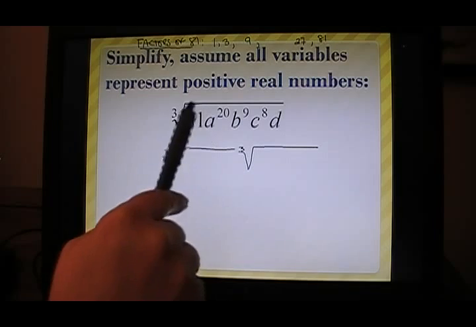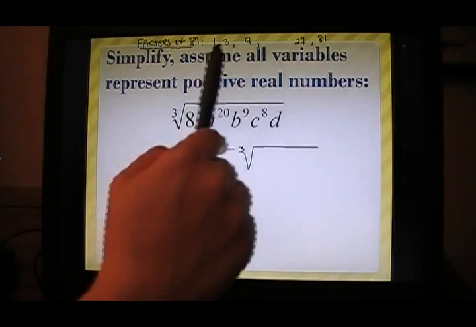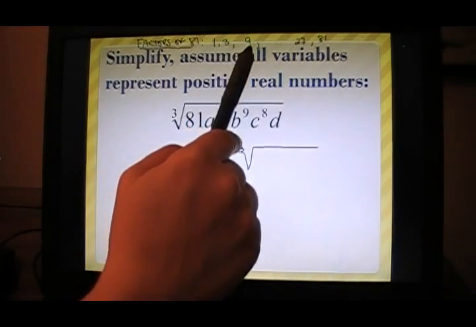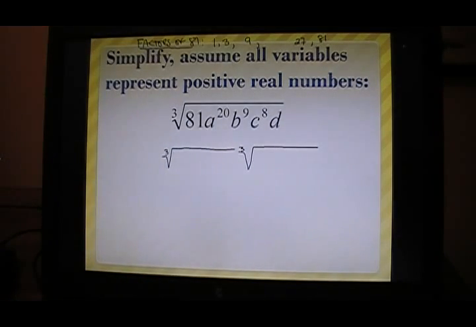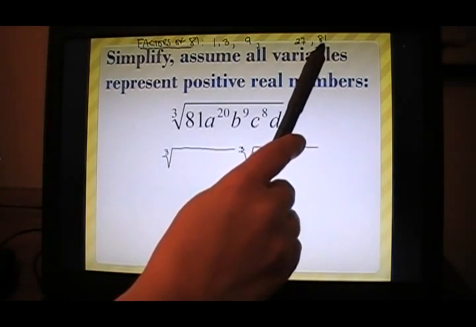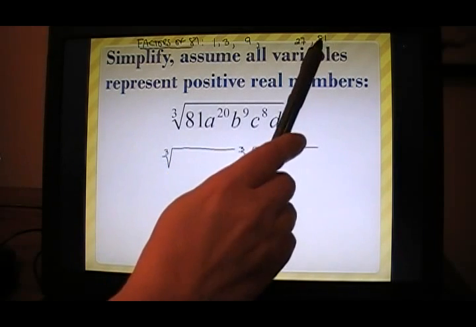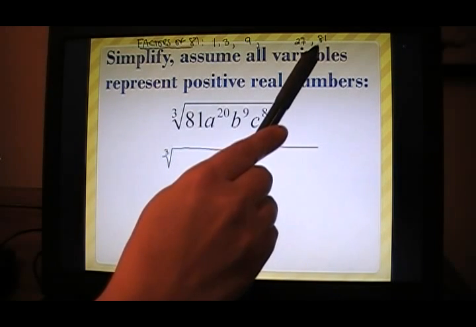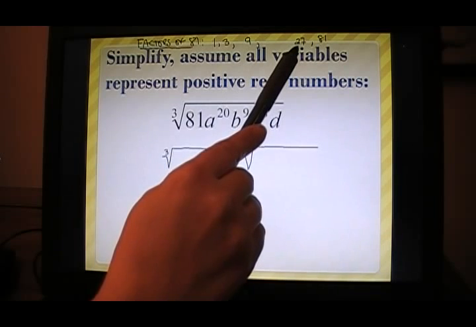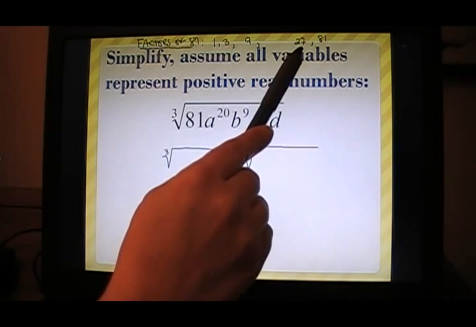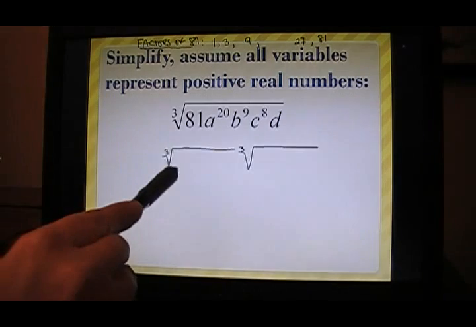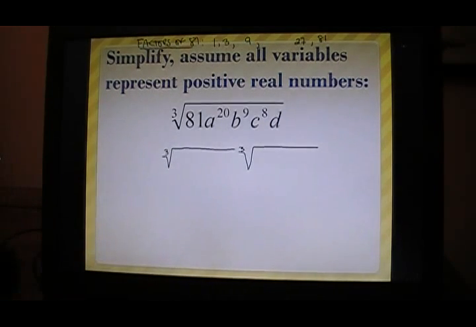So I will break this up if any of these numbers is a perfect cube. So if you go back to your list of perfect cubes and you're trying to find the largest, work your way backwards. Is 81 a perfect cube? No, it is not. Is 27 a perfect cube? Yes, it is on that list. So when we're doing this, we are only going to put perfect cubes in here.